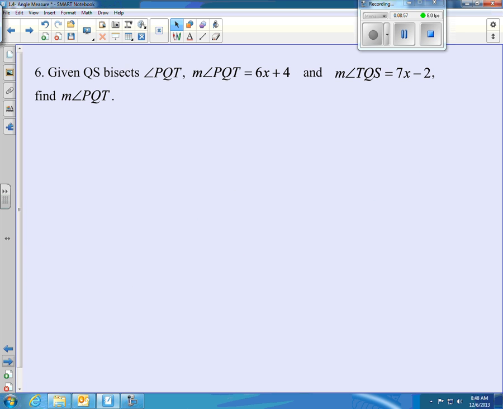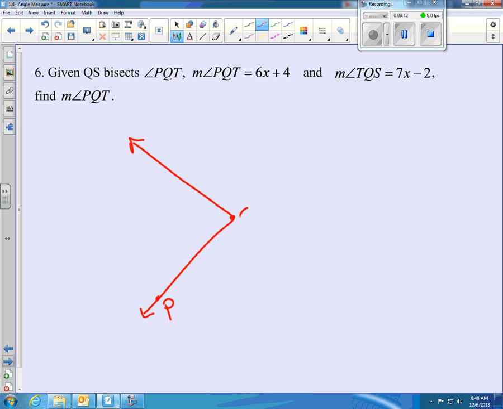All right, so I ask you guys to come with this last problem done for class. It says given QS bisects angle PQT. So let's draw this out. We'll do PQ. We know that that's the vertex because it's the middle point. QS bisects. So we need to create a ray and put S on there. It bisects. This is congruent to this. All right, PQT.